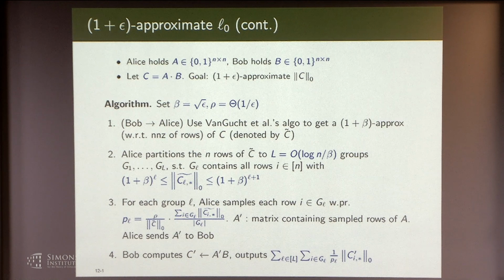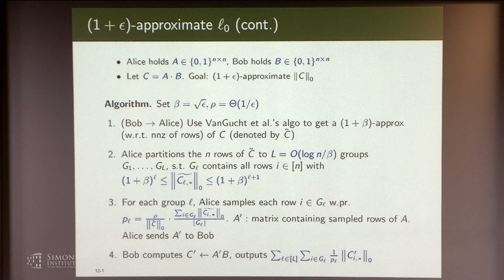We use the previous algorithm, basically a simple linear sketch, to get the 1 plus beta approximation of the number of non-zero entries of each row of C. Then Alice, after getting this information, can partition those n rows of C, based on this estimation, into a set of log n over beta groups, so that the rows in each group have a similar number of non-zero entries.